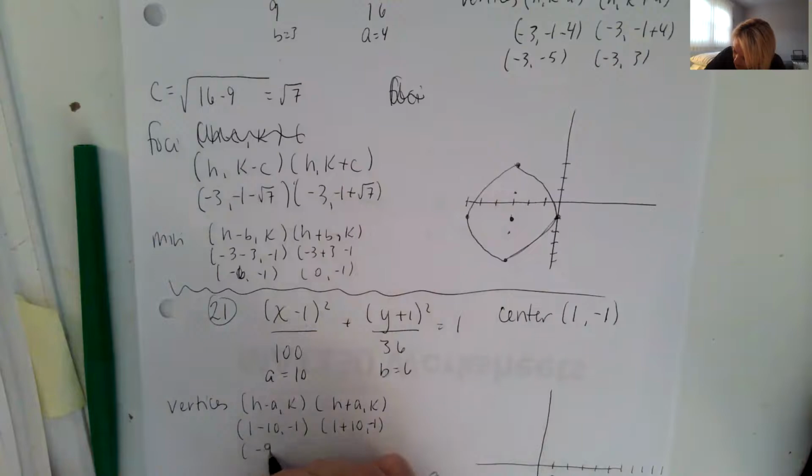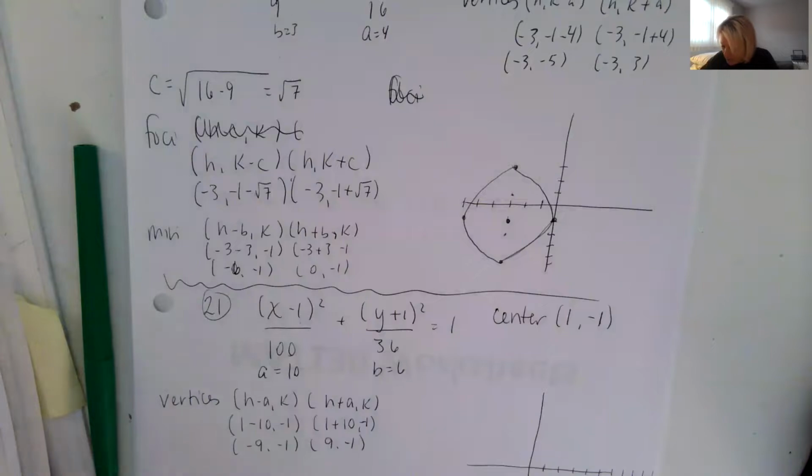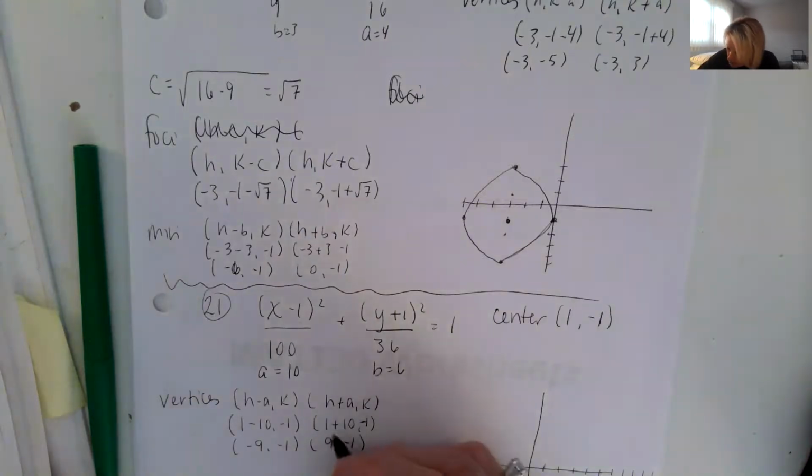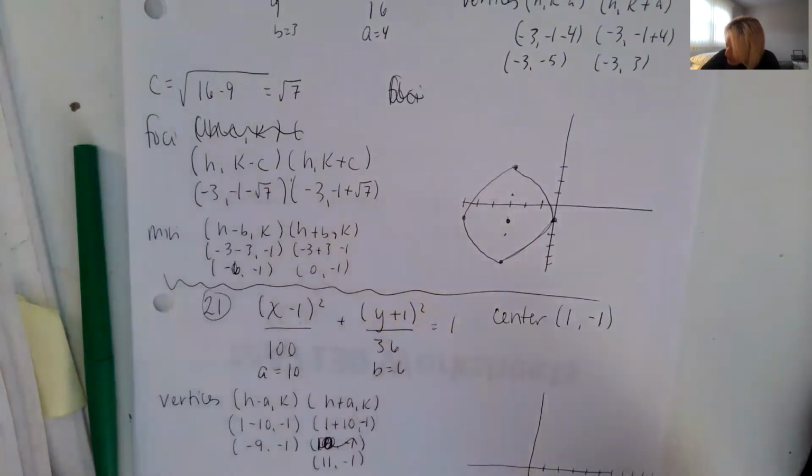So we're at negative 9, negative 1, and 9 and negative 1. Oh, no, that's 11. 1 plus 10 is 11. Okay, so 11. Way over here, so 11. And this one is 1, 2, 3.